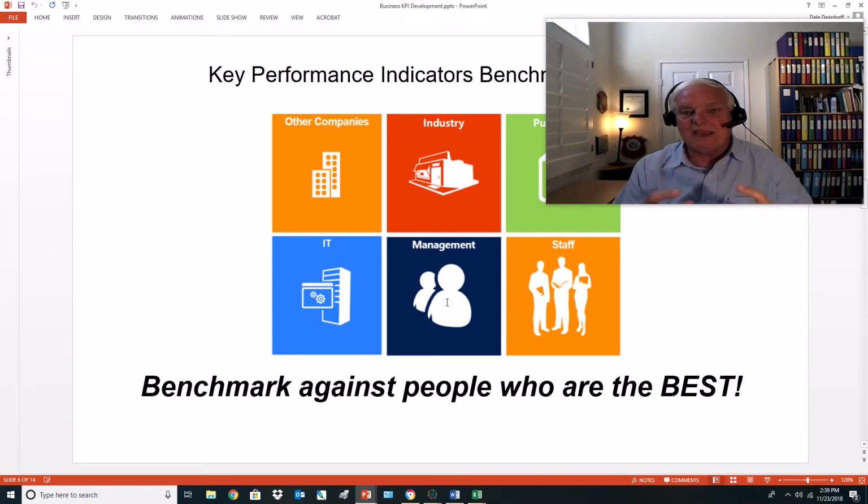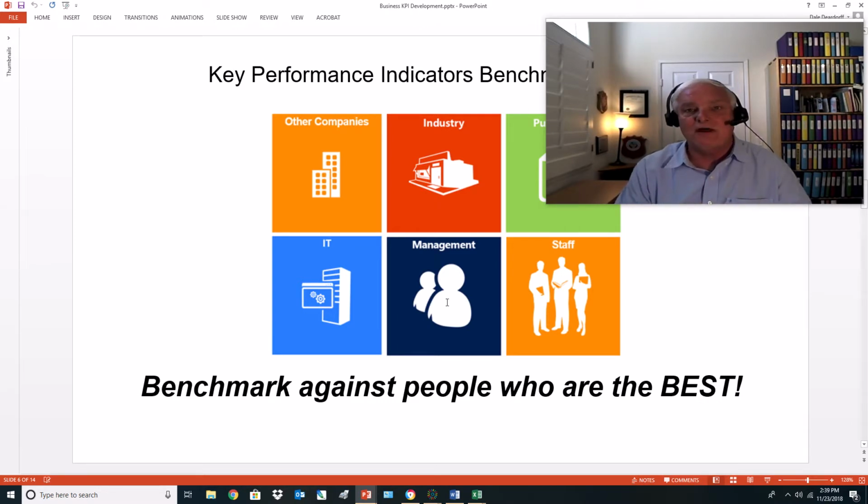And benchmark. When you're creating KPIs, you're actually going to look at benchmarking your KPIs against other companies. What do other companies measure? If you're in the car industry, what is Toyota or BMW? What do they measure? What are their benchmarks? Depending on the type of company you're in, look for other aligned companies. So WES is a wind energy system company.